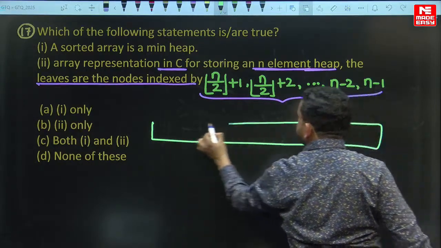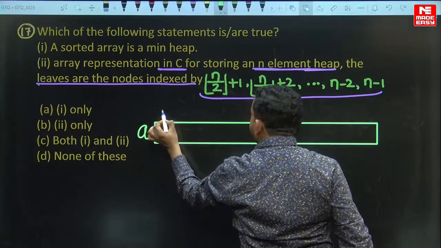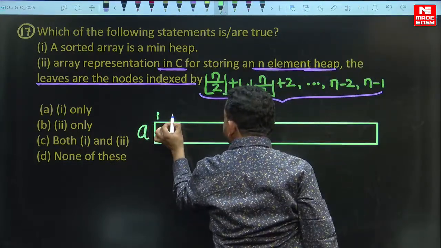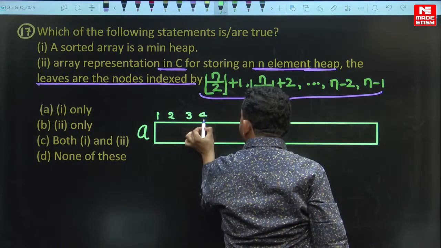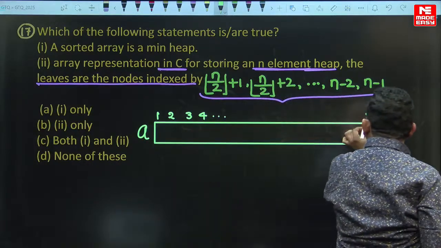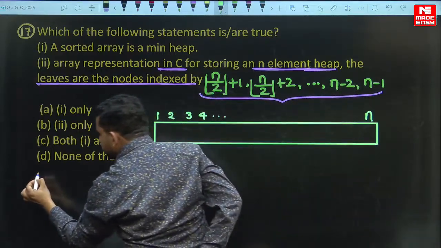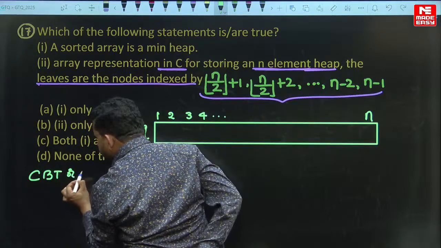Assume there is one array A. Not in the C language, generally I'm writing A[1], A[2], A[3], A[4], up to A[n] elements. We know that complete binary trees are binary heaps.